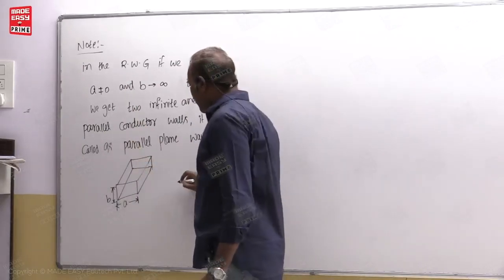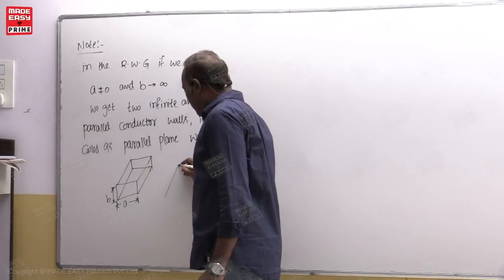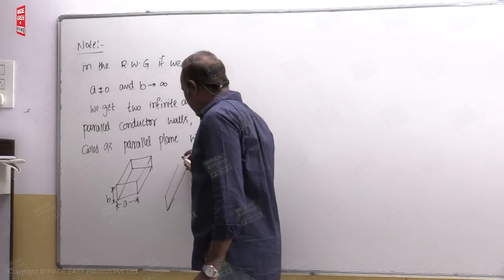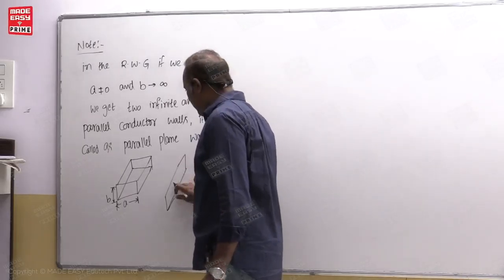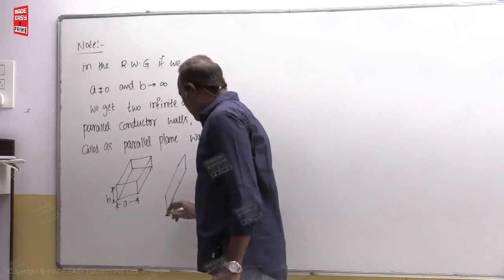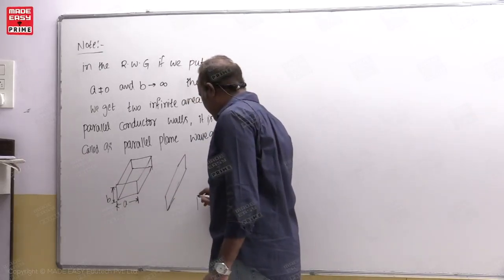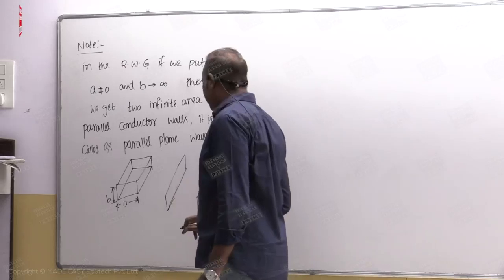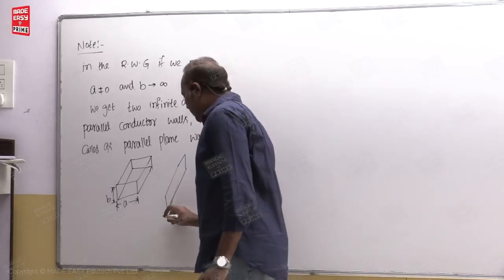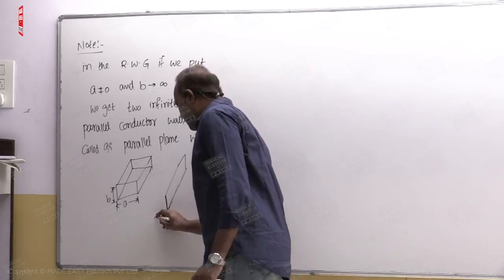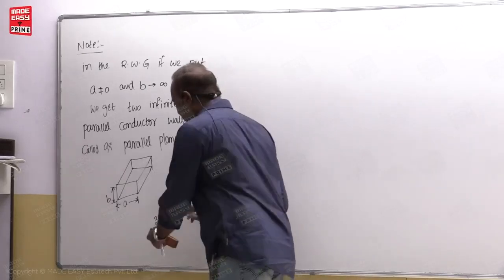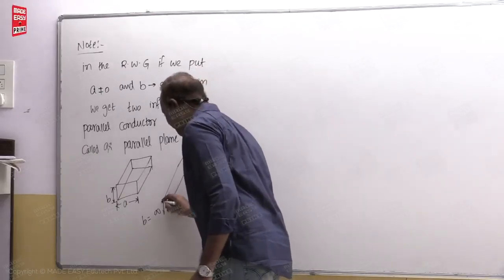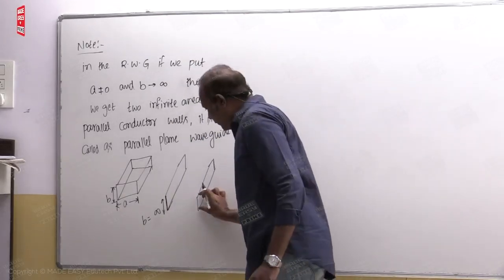That means there are two conductor surfaces like this. This is one conductor surface and this is another conductor surface. B infinity means this is the z axis, and the y axis you are taking as height. Anyway, this is of infinite height, student.